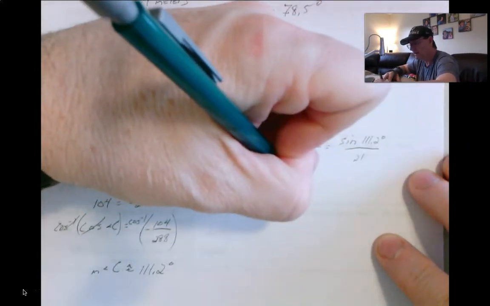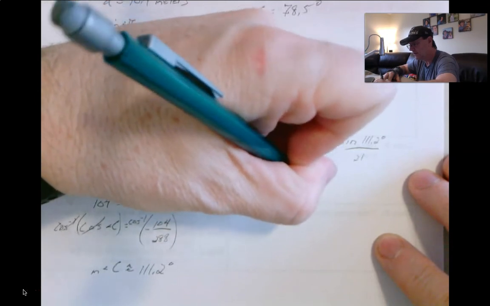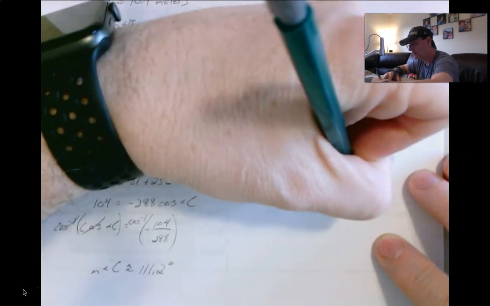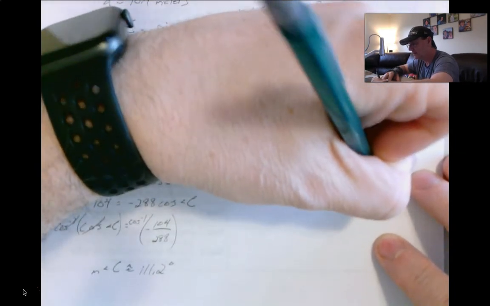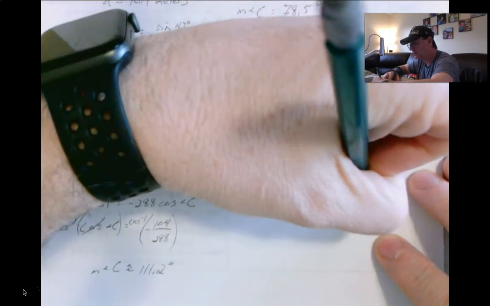Multiply both sides by 9. Sine angle A equals 9 sine 111.2 degrees over 21.